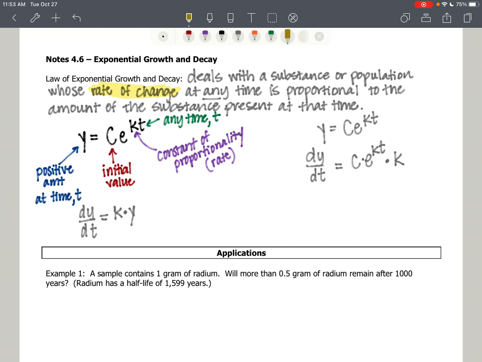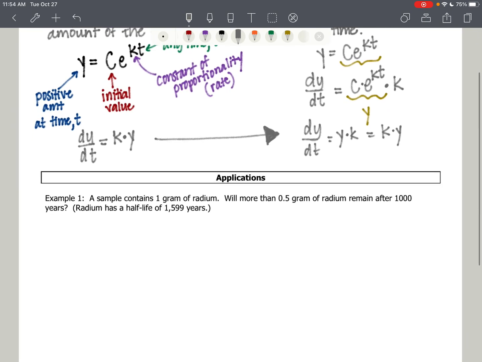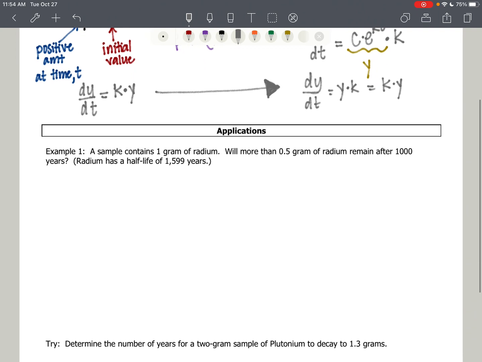Now, remember, c e to the kt is just another way to say y. So we have dy/dt is equal to y times k, which we also write as k times y. So that's where the definition comes from. That's pretty darn cool. Okay. Enough coolness. Let's do our first example.